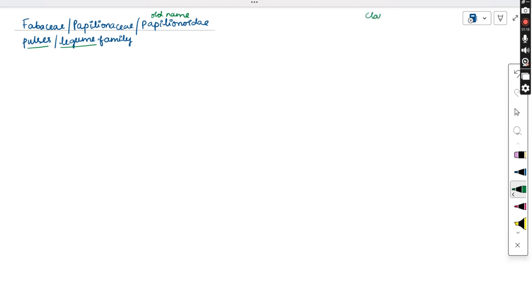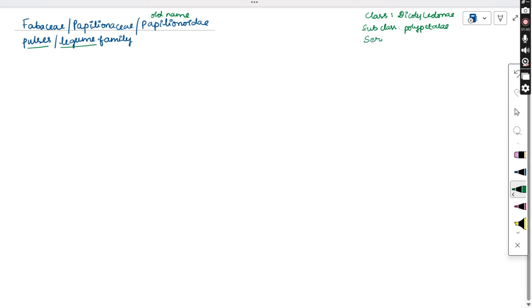So if you go with the classification, these plants belong to the dicots, so the class is Dicotyledonae, and the subclass is Polypetalae. Poly means free petals are present, so it is Polypetalae.